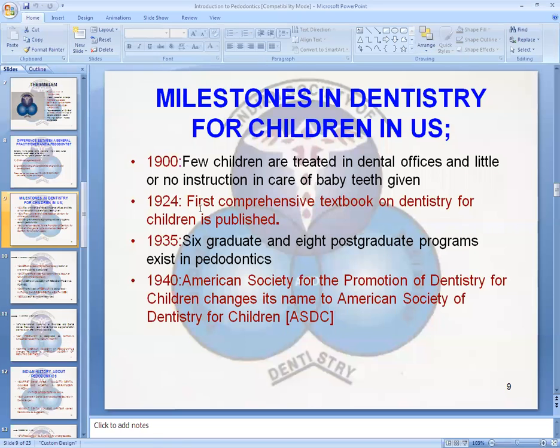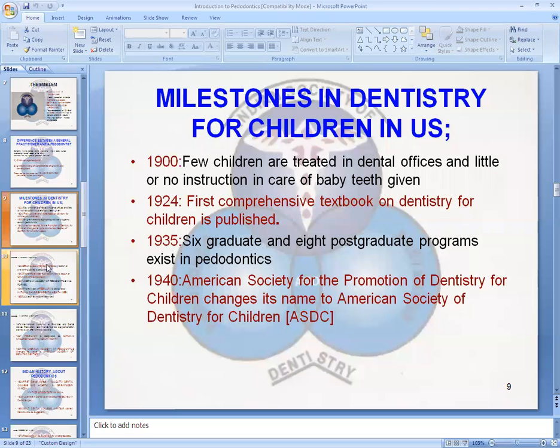In 1935, 6 graduate and 8 postgraduate programs existed in pediatric dentistry. There is nothing to understand here, you just have to remember it. In 1940, because these are milestones and you must know these milestones, the American Society for the Promotion of Dentistry for Children changed its name to American Society of Dentistry for Children, that is ASDC. This is the long form of ASDC.